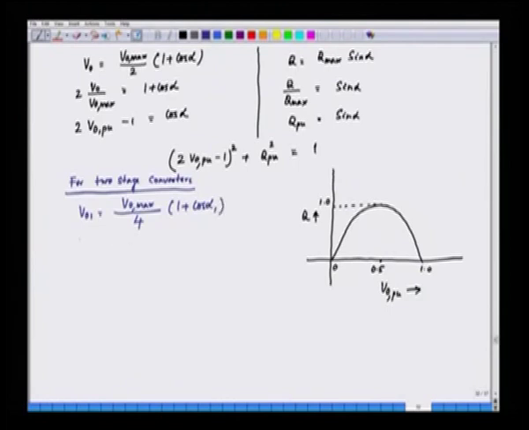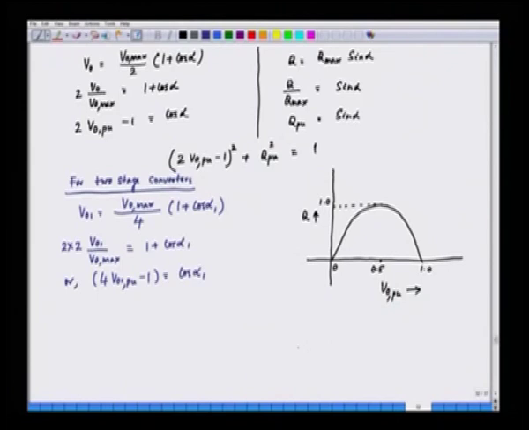Or we can say here that 2 V naught 1 by V naught max, 2 into 2 here, because we have 4 here, that is equal to 1 plus cos alpha 1. Or we can say that 4 V naught 1 per unit minus 1 is equal to cos alpha 1.